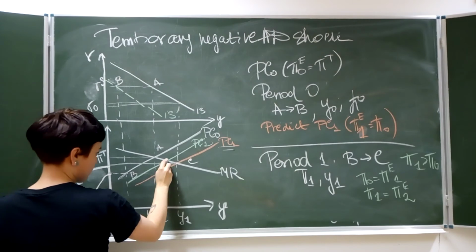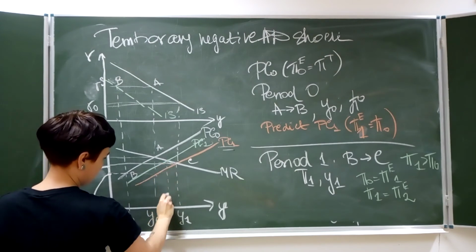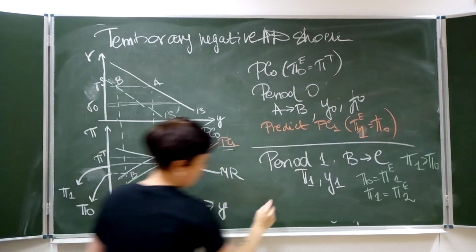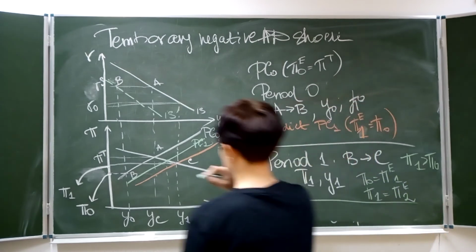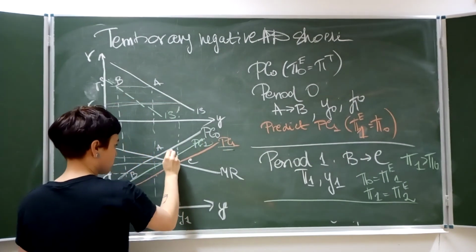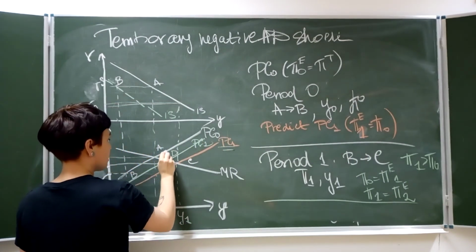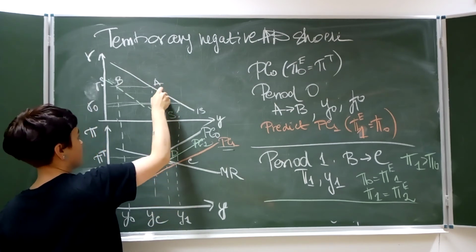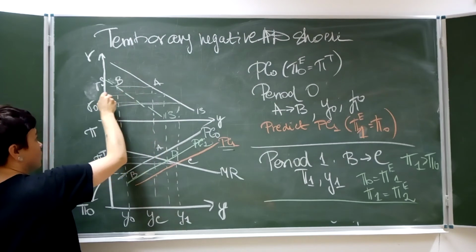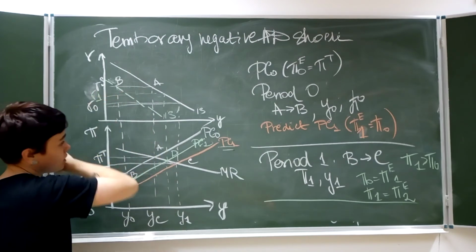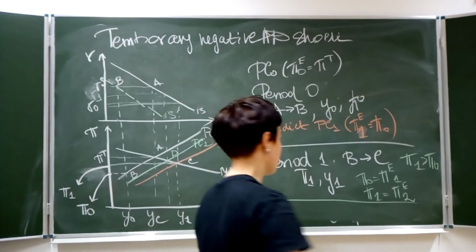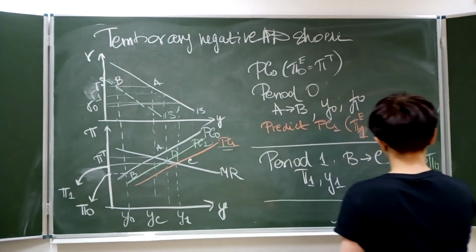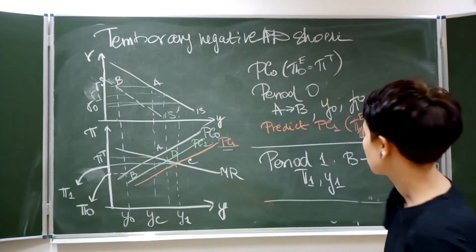So for this Phillips curve, for the central bank, the optimal point will be point D. And in order to be located on this point, central bank will have to charge R1. So we end up period 1 with pi1, Y1, and R1.